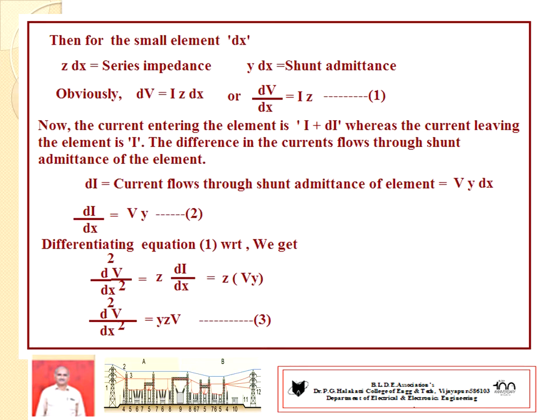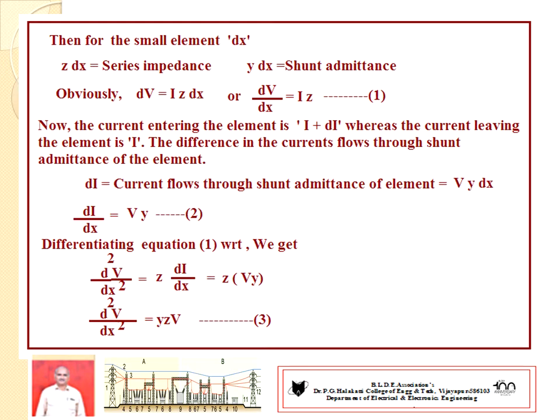Now, the current entering the element is I plus dI, whereas the current leaving the element is I. The difference between these currents will flow through the admittance of the element, by applying KCL. I plus dI is incoming, I is outgoing current, hence the current flowing through the admittance becomes dI.